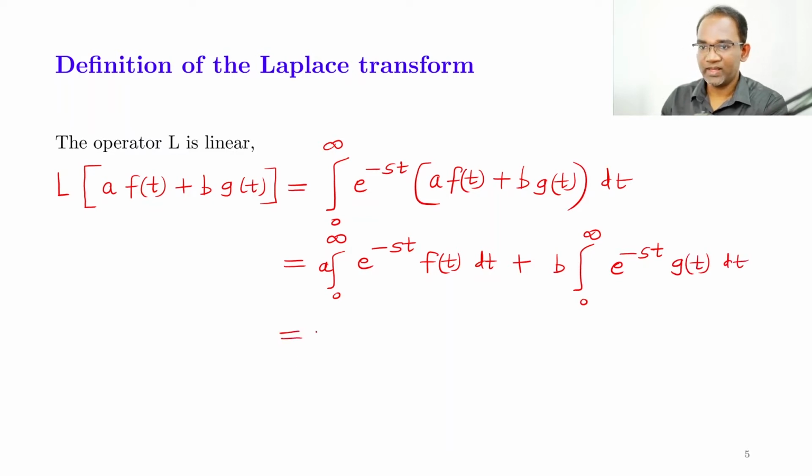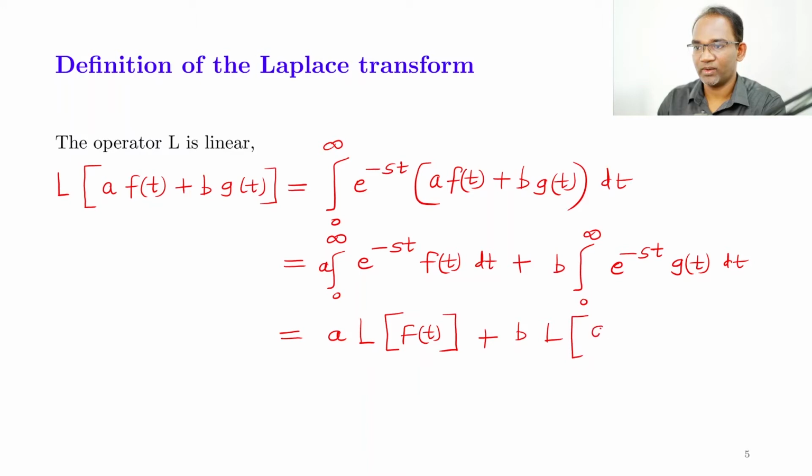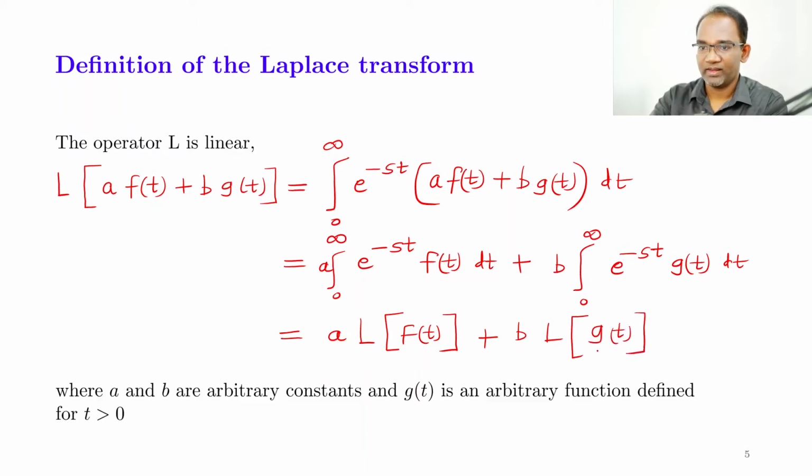And this can be written as a times the Laplace transform of f(t) plus b times the Laplace transform of g(t). Here, a and b are arbitrary constants and g(t) is an arbitrary function defined for t greater than 0.